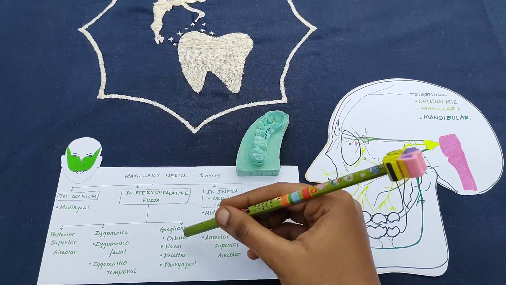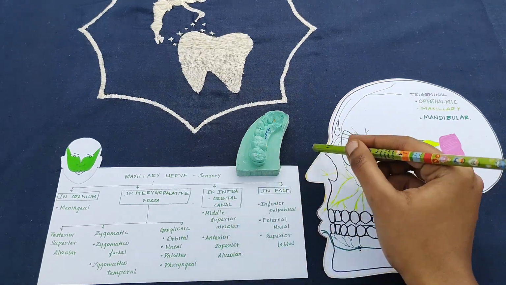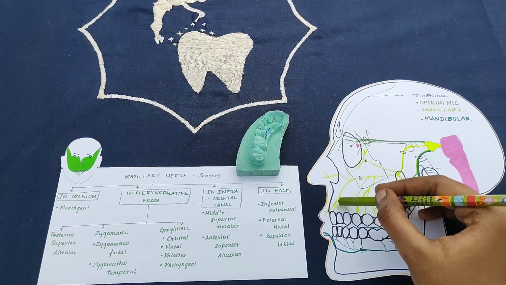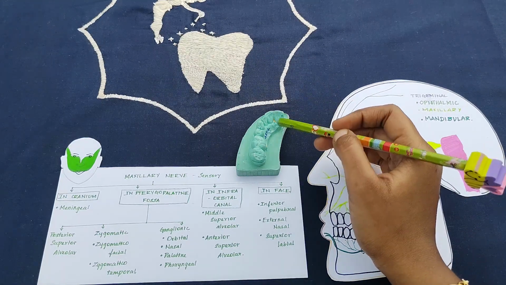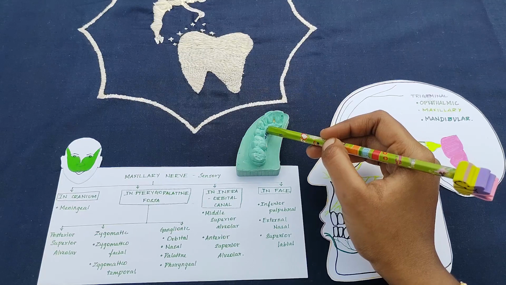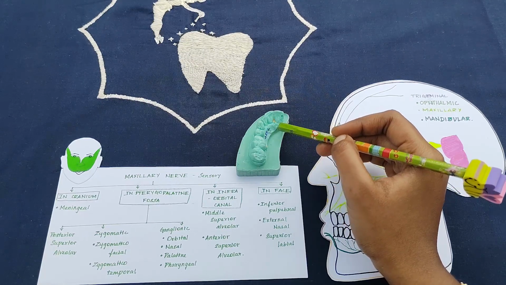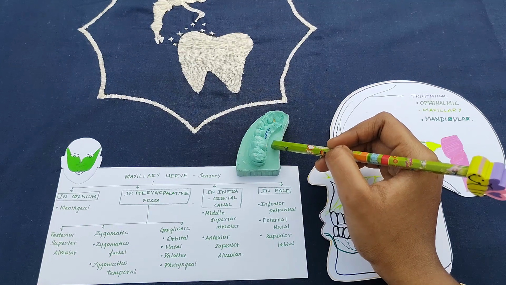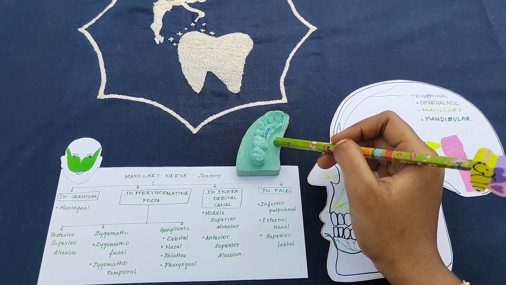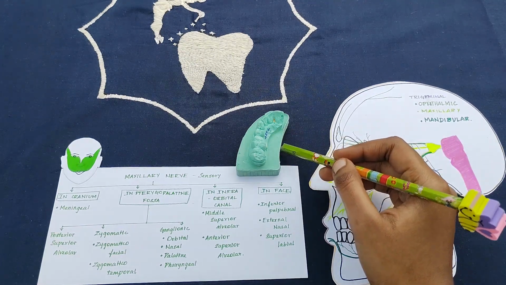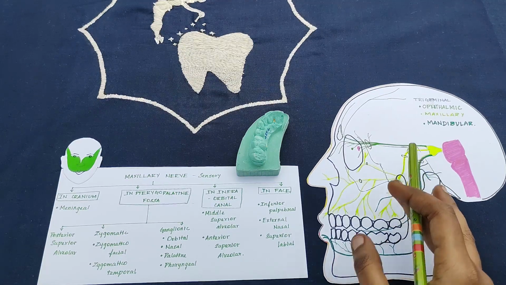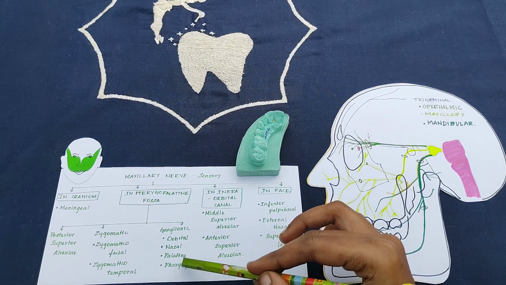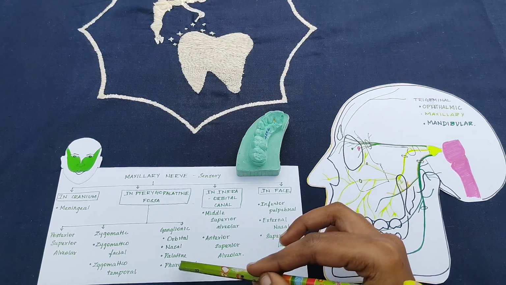Orbital division which supplies periosteum of orbit, nasal division which gives nasopalatine nerve which supplies mucosa of anterior hard palate, palatal nerve which again divides into greater palatine and lesser palatine nerve which supplies mucosa of posterior hard palate and soft palate. Pharyngeal branch which supplies pharynx.